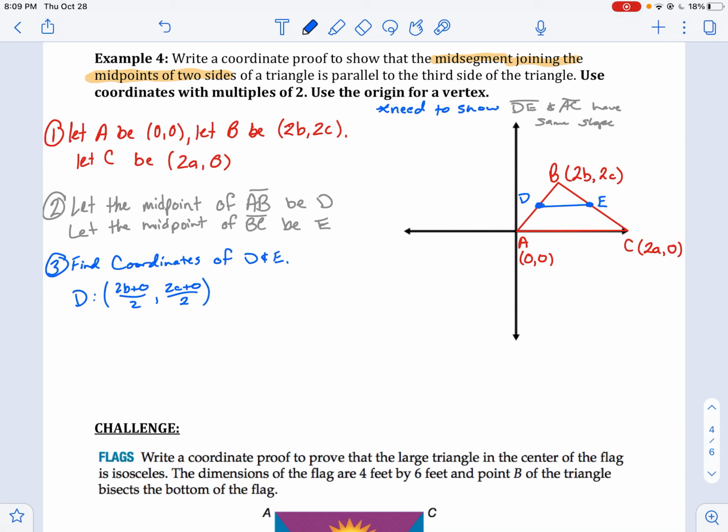And this is why we used 2B and 2C and 2A instead of just A, B, and C, because now my coordinates here are B, C. So this is (B, C). And E is going to be (2B plus 2A) over 2, and then (2C plus 0) over 2, which is (B plus A, C).